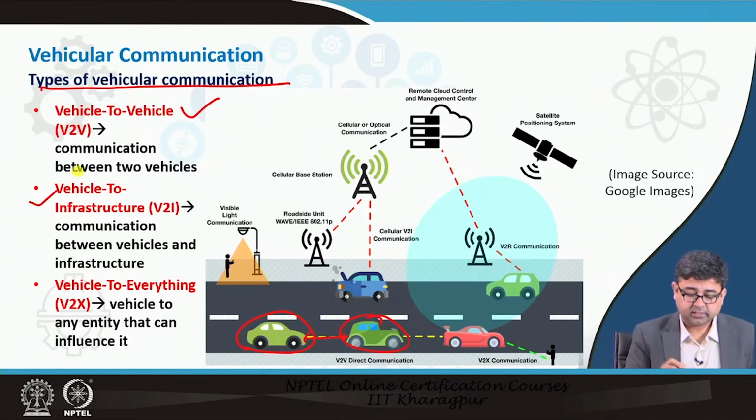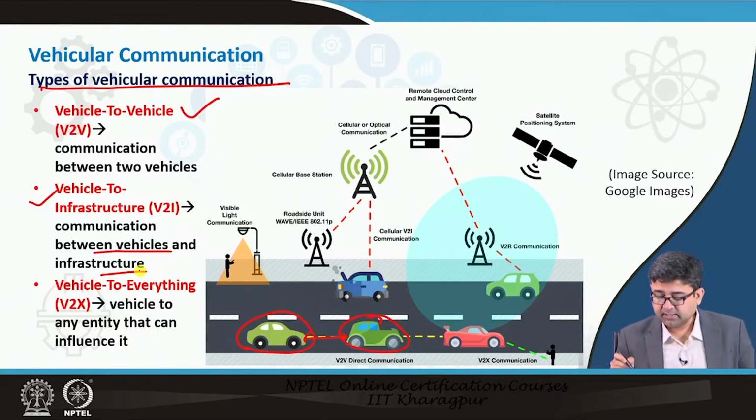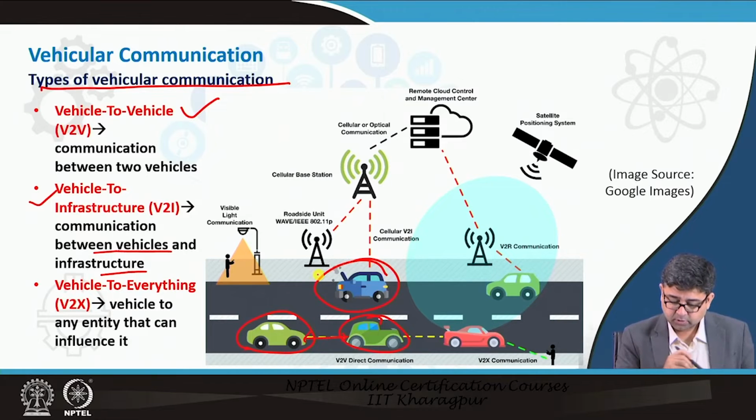Vehicle to infrastructure, communication between vehicles and the infrastructure. So, for example, this vehicle may be communicating to a base station, or a mechanic, or to the TMC, traffic management center, saying that I am broken down, right.